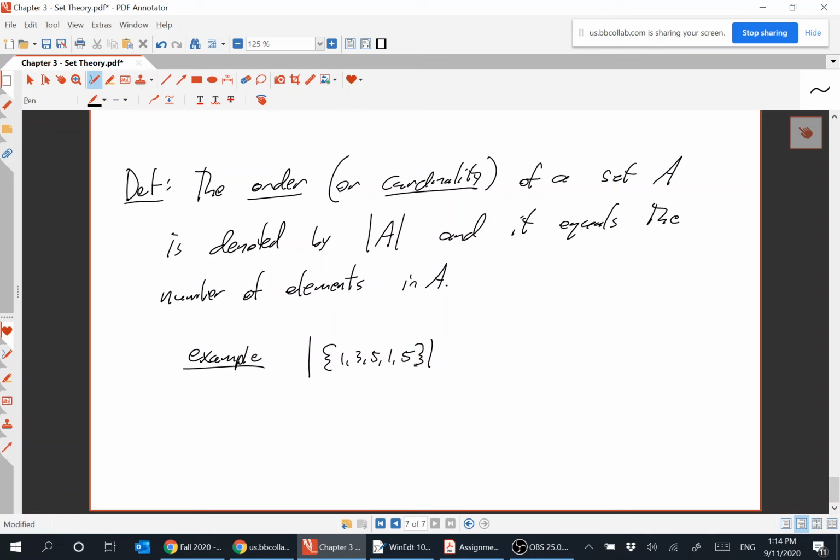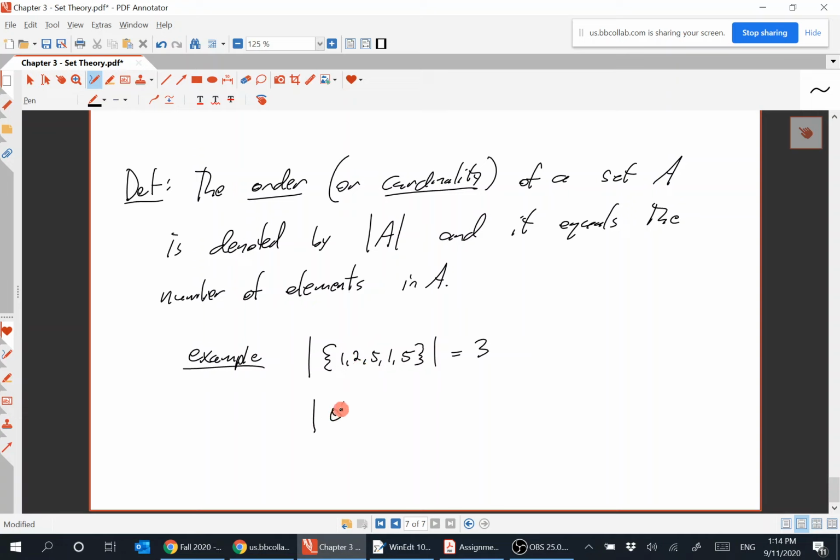Or the order? How many elements do we have in here? Remember, an element can be in a set just once. 3, right? 1, 2, and 5. It's 3.